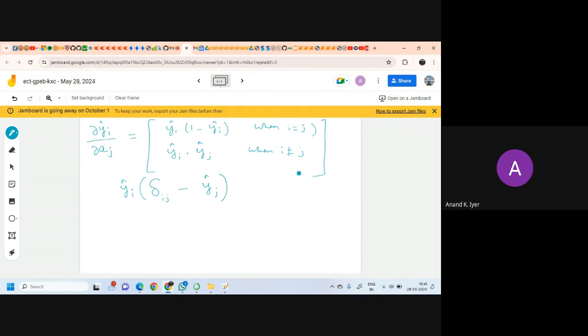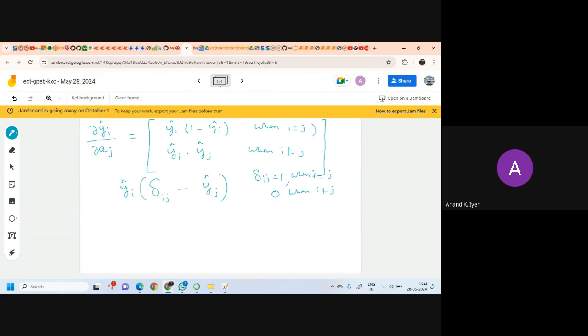So you mean both these conditions can be written in a single formula? Yeah. When i is equal to j, then it can be written as 1, and this is 0 when i is not equal to j. This we can write down.